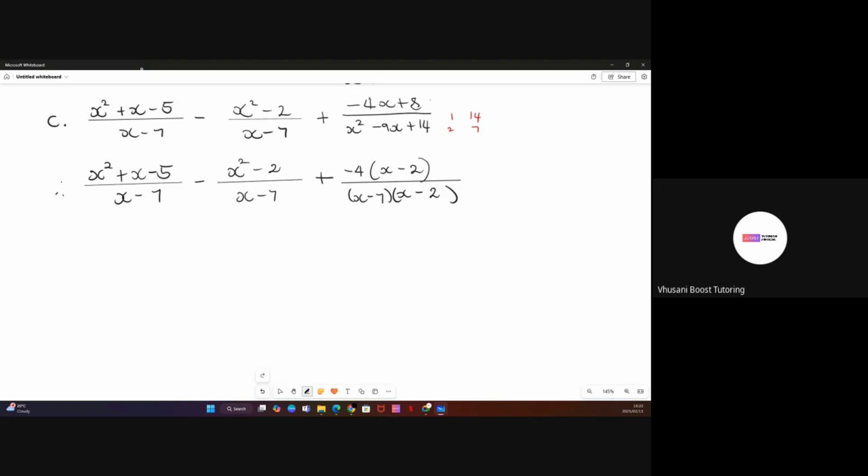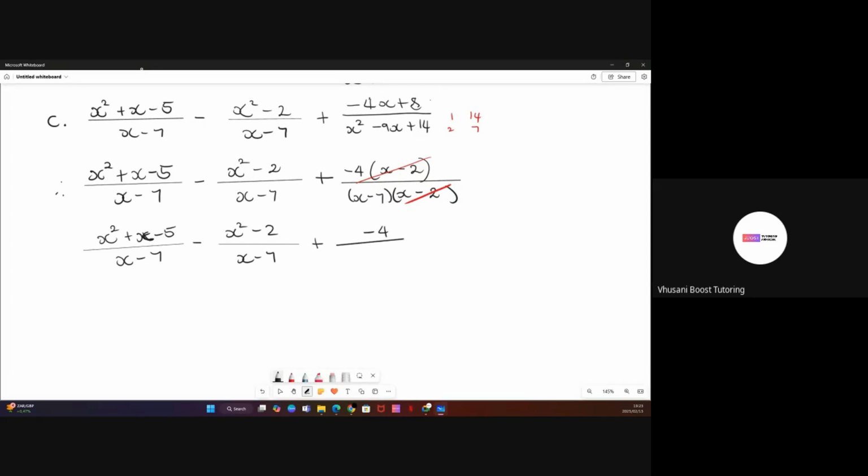All right. So in this case, you see that these cancel out. And then that's what we have remaining. We now have x squared plus x minus 5, divided by x minus 7, minus x squared minus 2, divided by x minus 7, plus, let's just put our negative 4 over there in the numerator, divided by x minus 7, right?